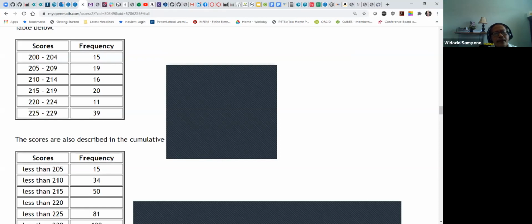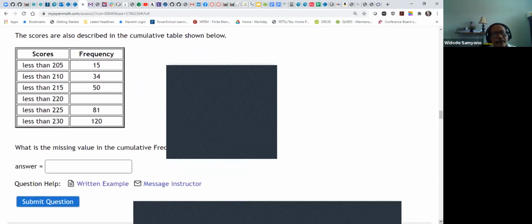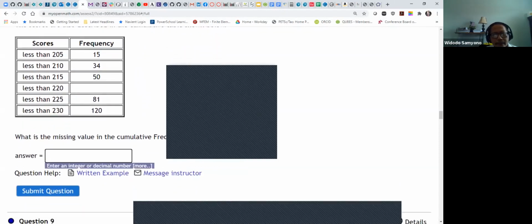For the next class, the cumulative frequency, you need to add these two, which is 34, right? To get the next one, you need to add 34 with 16 to get 50. Okay, so the next one will be 50, add with 20. So your answer will be 70.